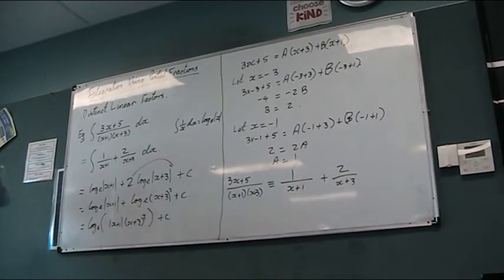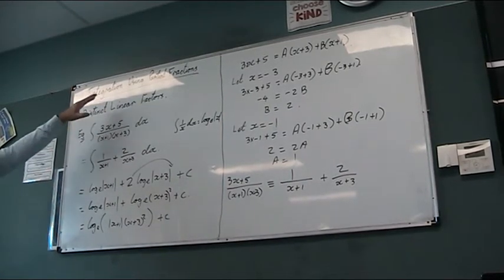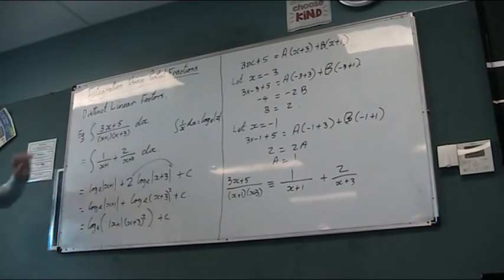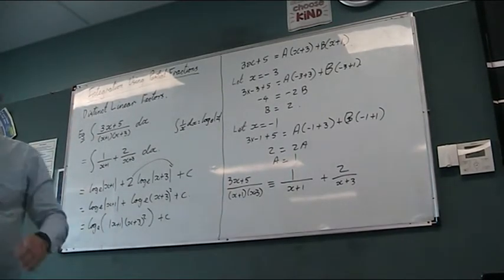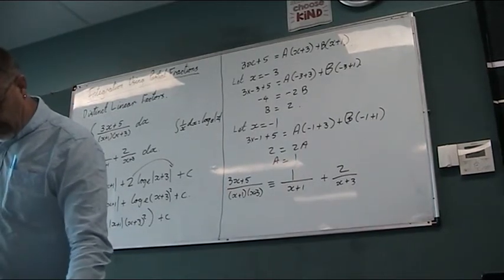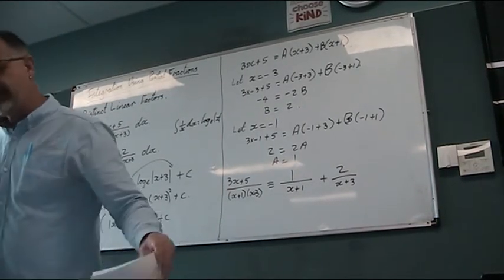Alright, so again, the same thing as we've been doing last week when we were doing the substitutions to make something simpler. So now we're using what's called partial fractions to make it simpler. Alright, so you've got the calculator thing.